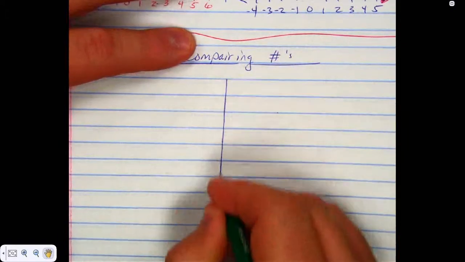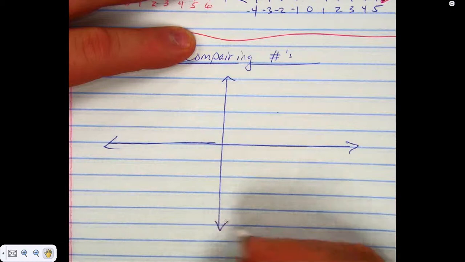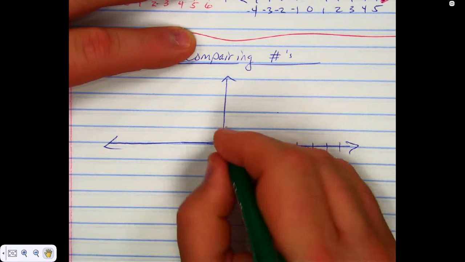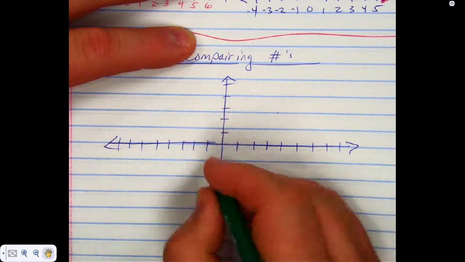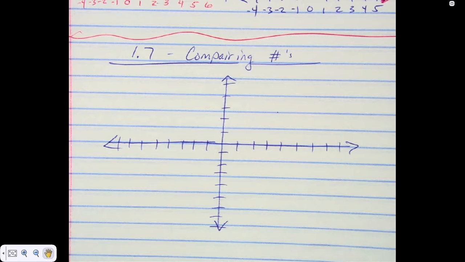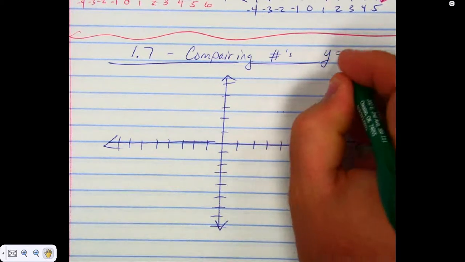We need to draw a nice big XY coordinate plane. Now, what we're going to do to compare numbers is we're going to compare them to this graph, y is equal to x.